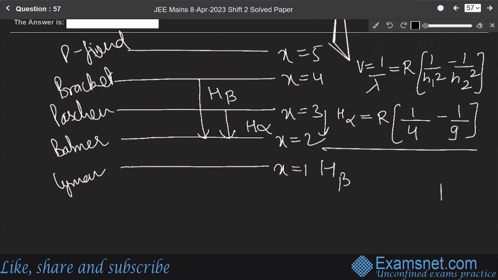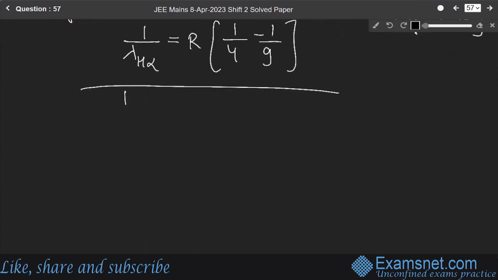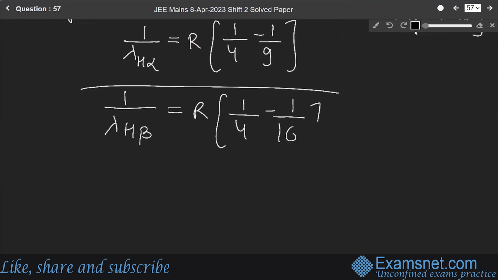And for H beta, it will be R into 1 over 2 square, which is 4, minus 1 over 4 square, which is 16. So 1 over lambda H alpha equals R into (1 over 4 minus 1 over 9), upon 1 over lambda H beta equals R into (1 over 4 minus 1 over 16). Solving this, Rydberg's constant R, being the same, cancels out.